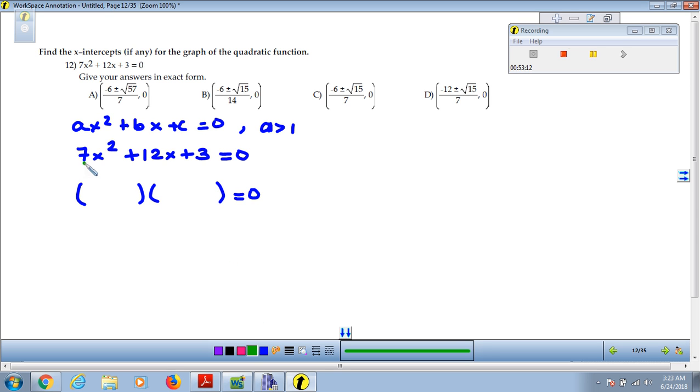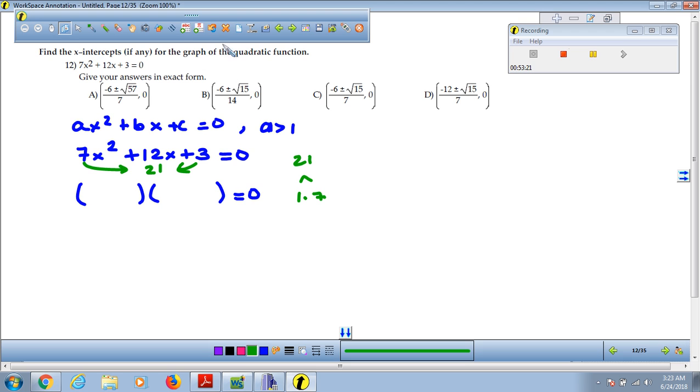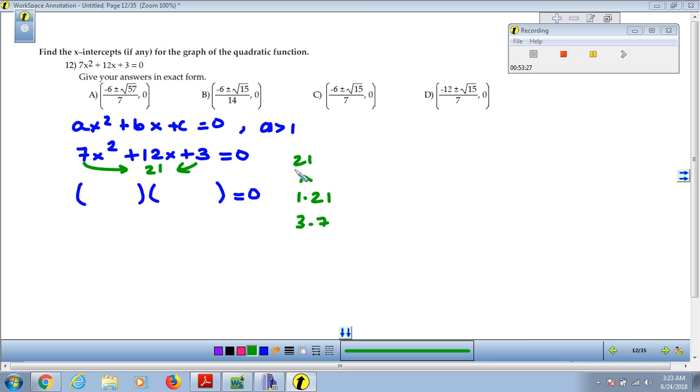So what I'm supposed to do is say 7 times 3 is 21. So I list all the numbers that multiplied together give me 21, which are only these two: 1 times 21 or 3 times 7.